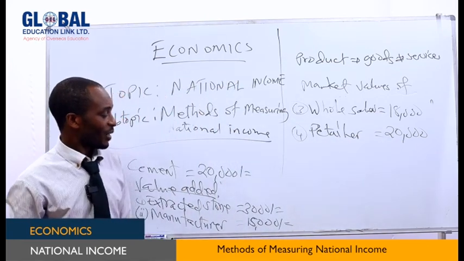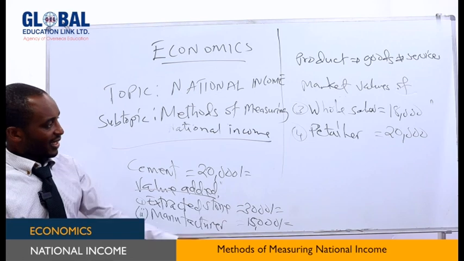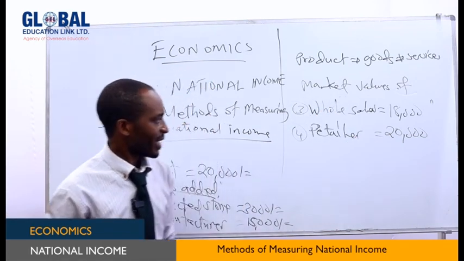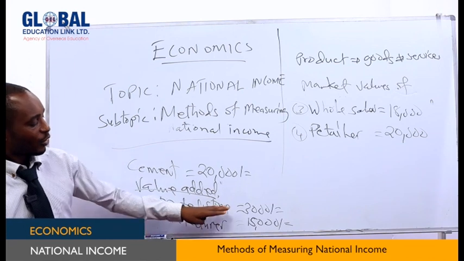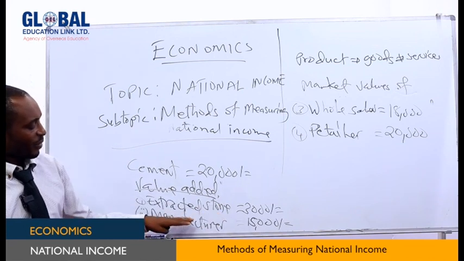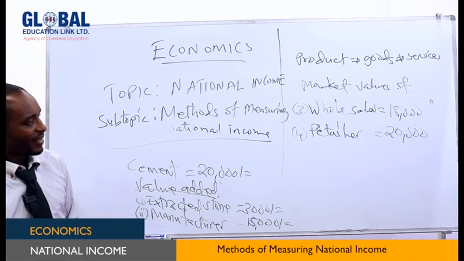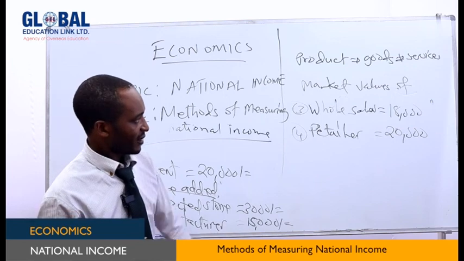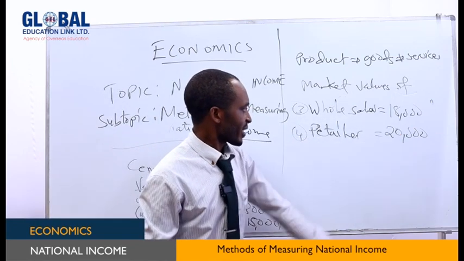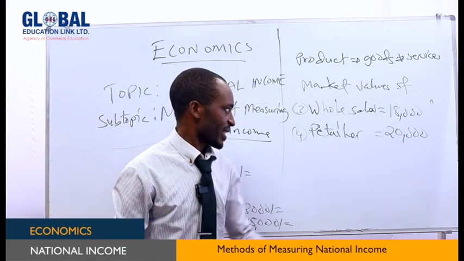Now, if you add all these figures, you get the total incomes from each person: 3,000, 18,000, 36,000, then 56,000.